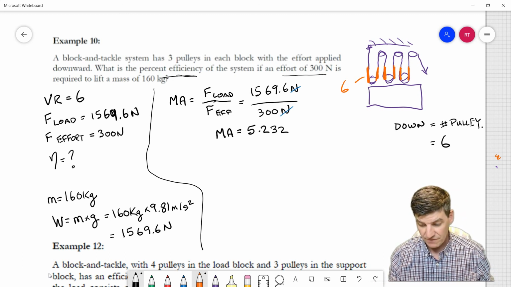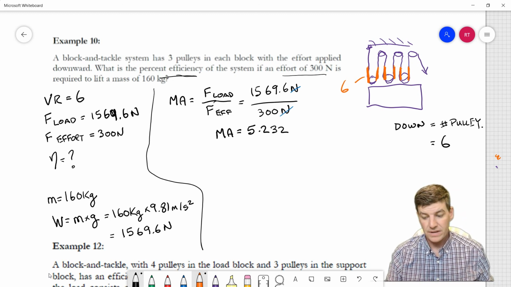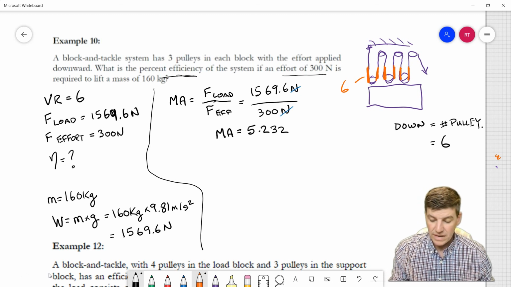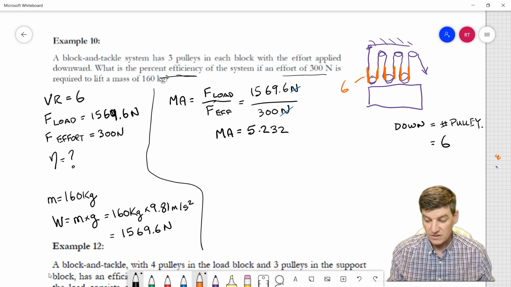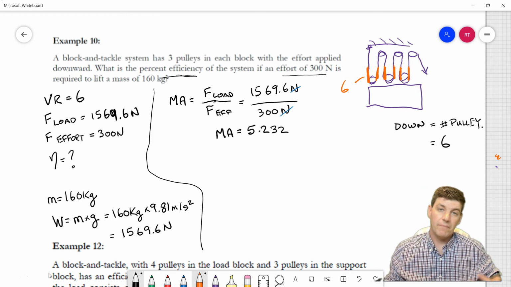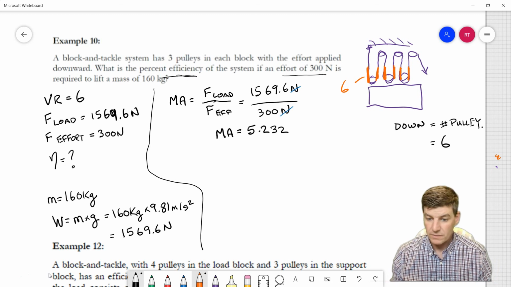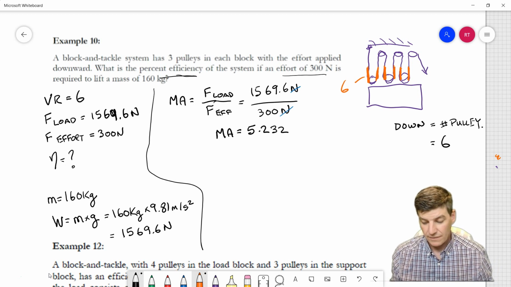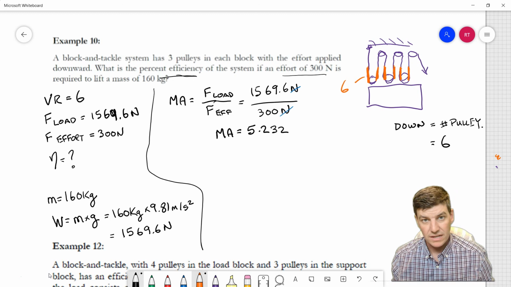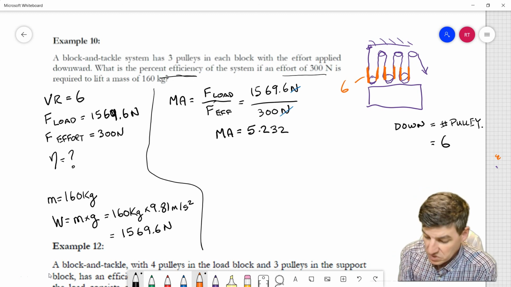So right away, I'm fairly confident with that number. If I had a number that was above 6, I would know that I've made a mistake somewhere. Okay? If I have a value that's below 1 or close to 1 or significantly different than the 6, I might second guess my value and wonder if I've done a good job. But looking at that, I think the numbers make sense to me moving forward.